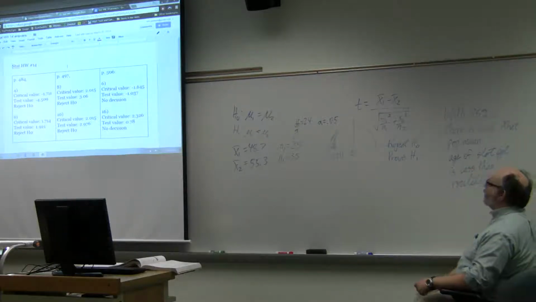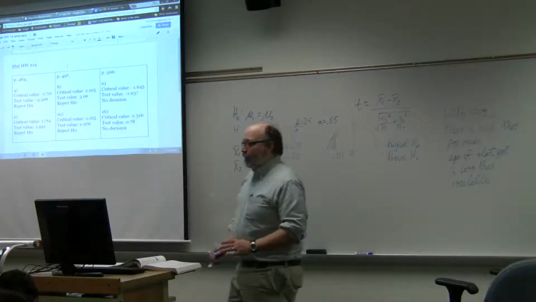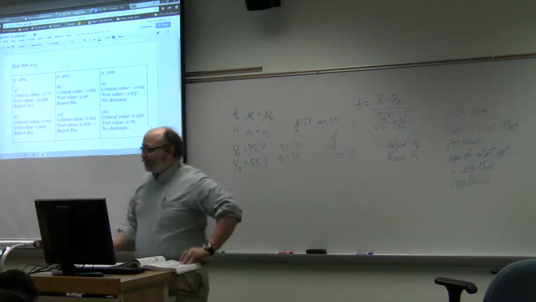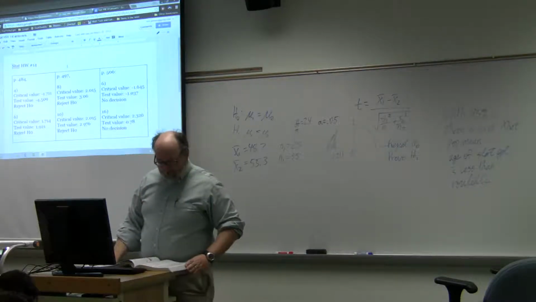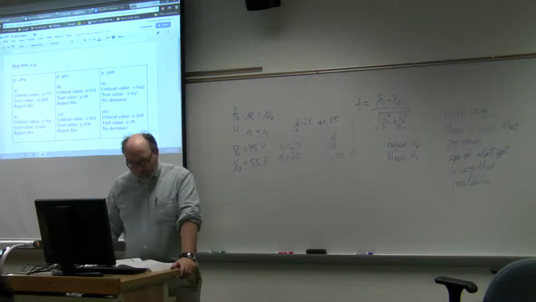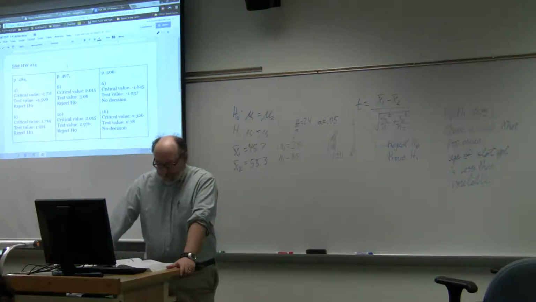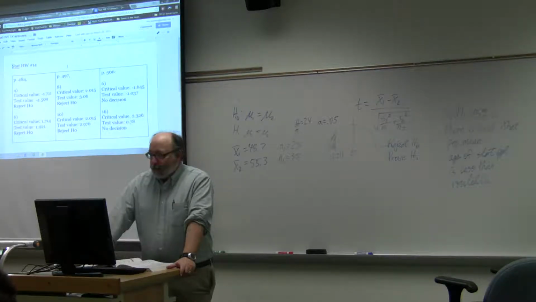All right, so there's number 4. Any questions about number 4? Okay, number 6 looks a lot the same. We're talking about comparing two averages, but now we have greater than, so it's a right tail test.